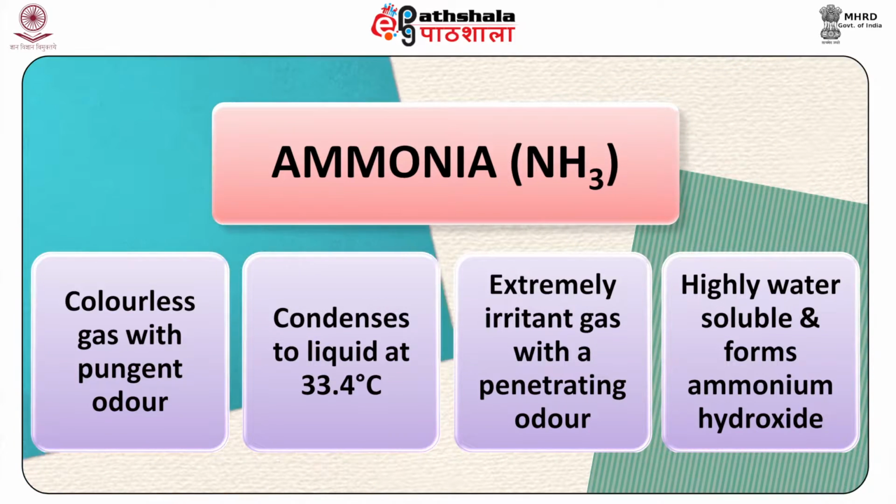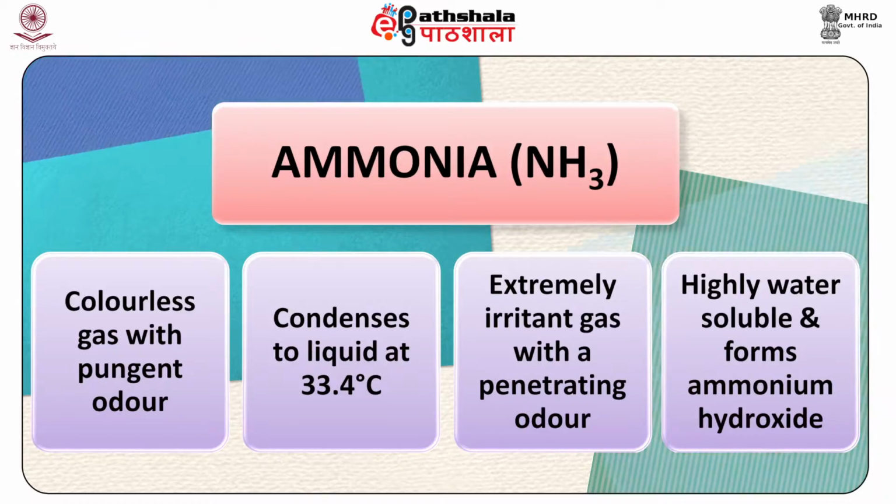It is highly water soluble, forming ammonium hydroxide, which is an alkaline corrosive. Aqueous ammonia is a colorless liquid with a strong alkaline reaction and a penetrating pungent odor. When heated to decomposition, it emits toxic fumes of ammonia and oxides of nitrogen.